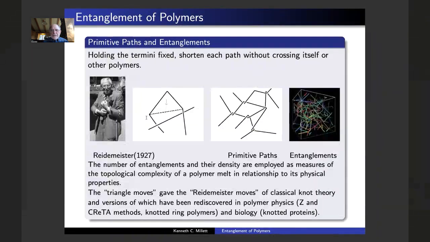But in polymer physics and in biology, these kinds of moves were employed to try to simplify the structure by forming what we would call principal paths or something like that, shortening the curves, but keeping the endpoints fixed until, as you see in the middle slide there, they hang up on each other. They get stuck and they can't move any further. They're straight segments and then little bends and more straight segments and bends.